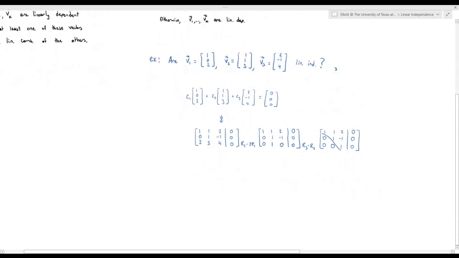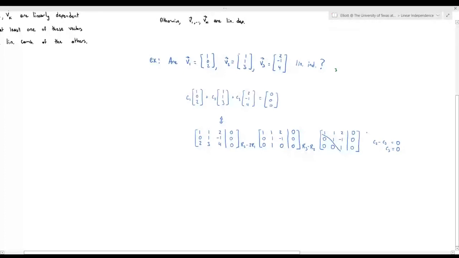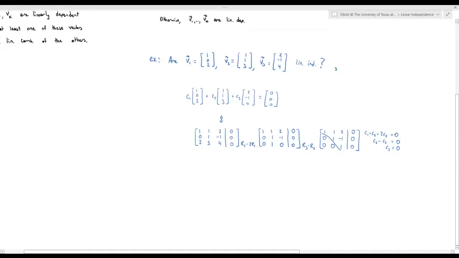If we convert this back into a system of equations, this last row gives us the equation 0c1 plus 0c2 plus 1c3 equal to 0. Then c2 minus c3 equal to 0, and c1 plus c2 plus 2c3 equal to 0.